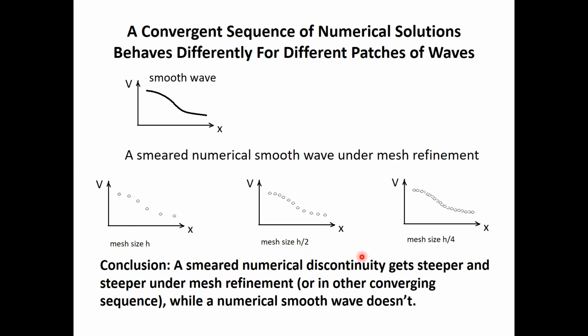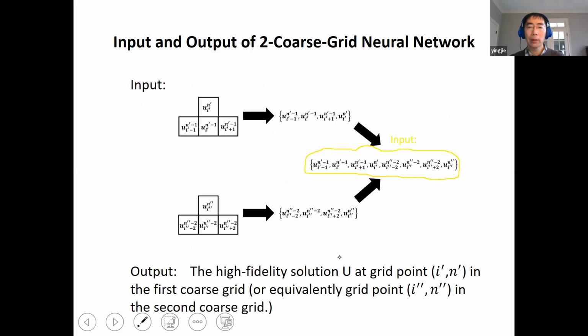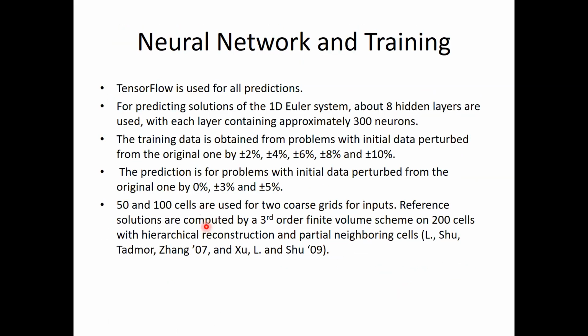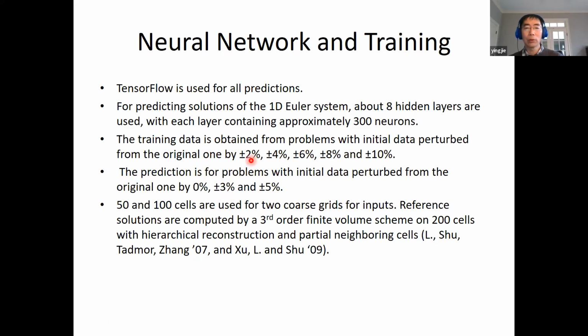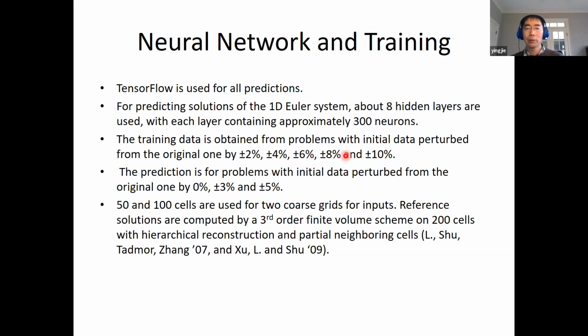Can you show me again the slide where you explain the noise part? You mean here? Oh, so this is not noise. This is perturbation. I put a perturbation to artificially create some training data.